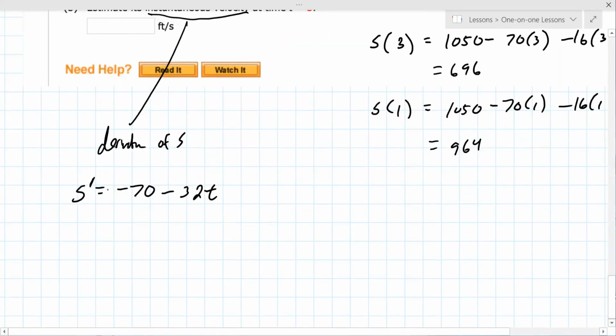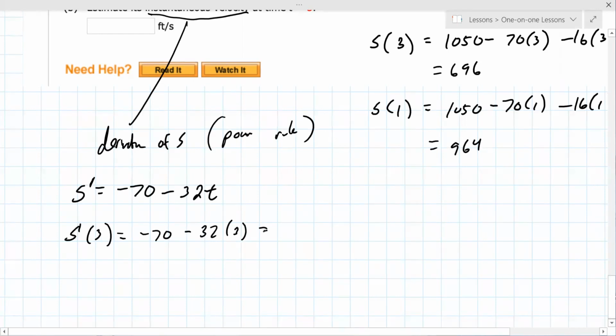So it's just power rule, and then you're going to do S prime of 3. So you can put 3 in for t. Let me know if that's the same, but that's what I got. Okay, we can move on.